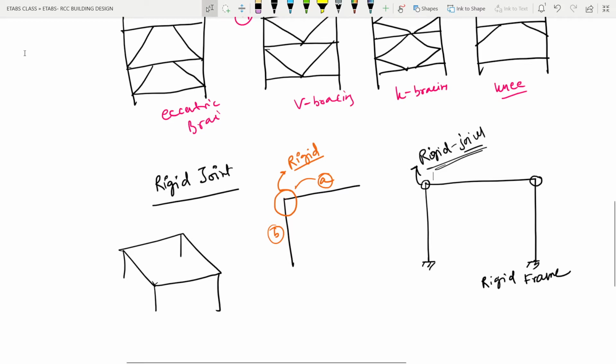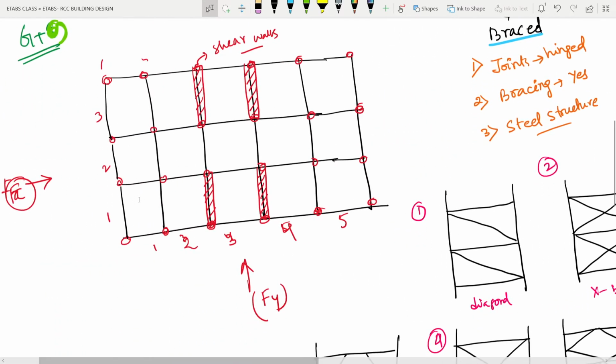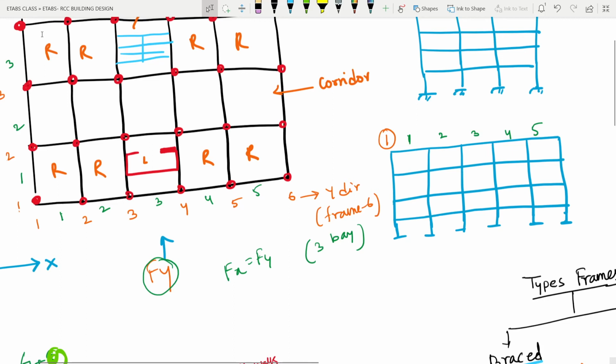So now if I go back to my previous explanation where I was explaining the shear wall. Previously, you can see we have the frames connected with rigid joints, and they were taking and resisting the lateral forces.